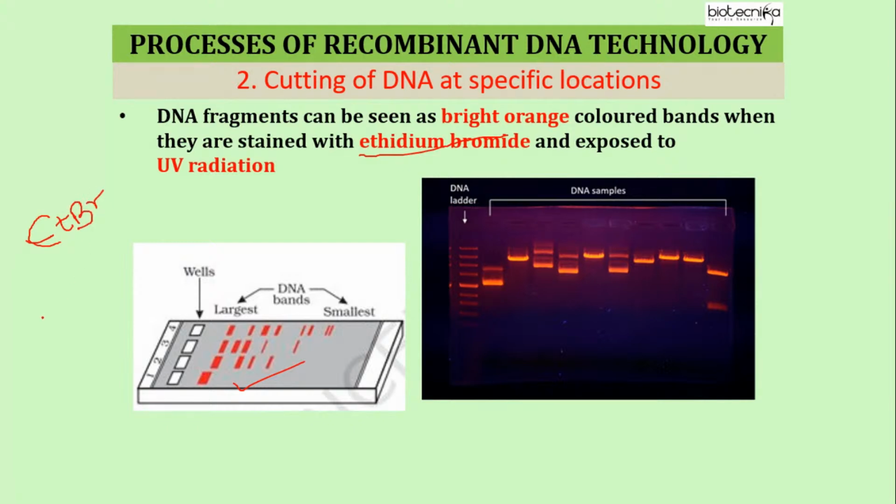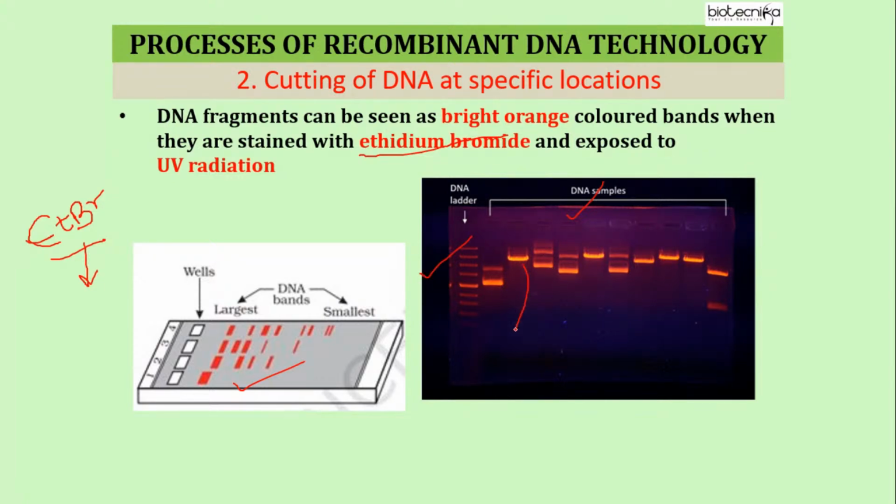This dye is carcinogenic. It will bind to the DNA structure and it will be clearly visible when you view this DNA under a UV transilluminator or UV light. So how will you see this DNA? The DNA fragment can be seen as bright orange. The color of this dye is bright orange.